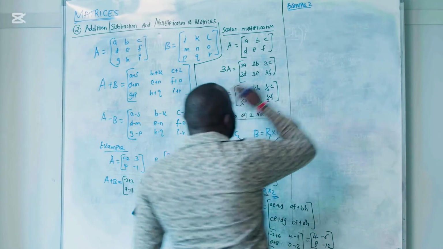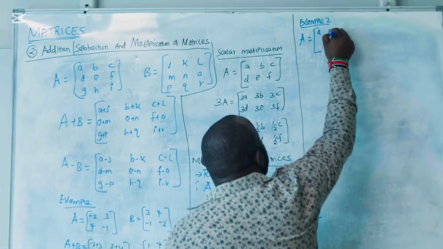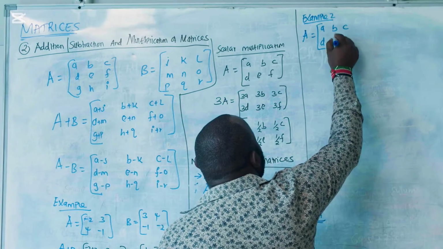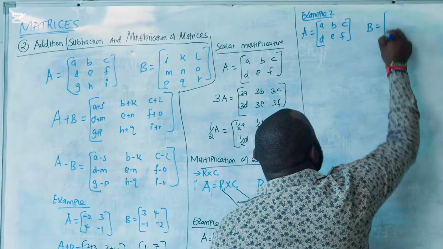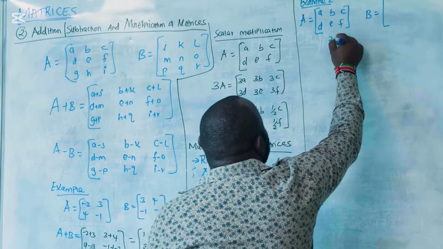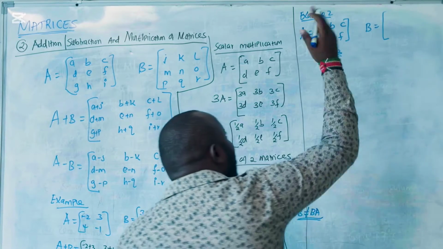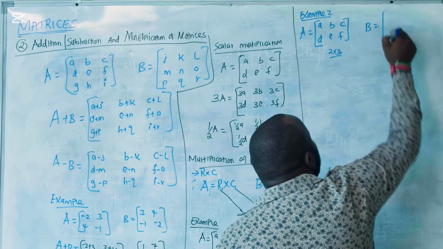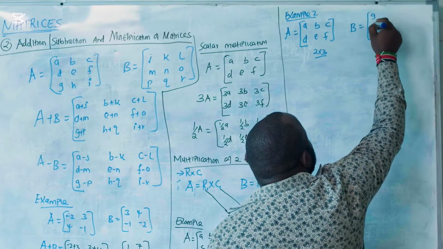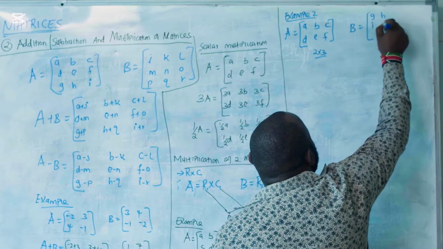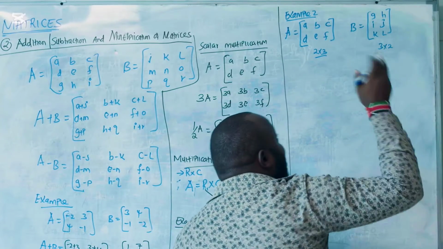I'll have a matrix A that is 2 by 3, because the number of rows is 2 and columns 3. We are going to multiply with a 3 by 2 matrix, 3 rows but 2 columns.